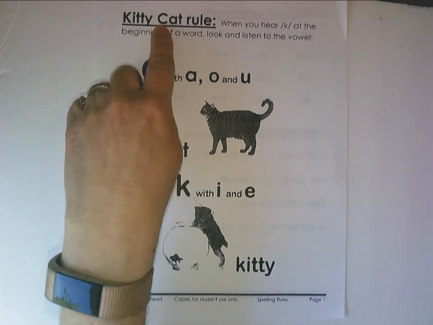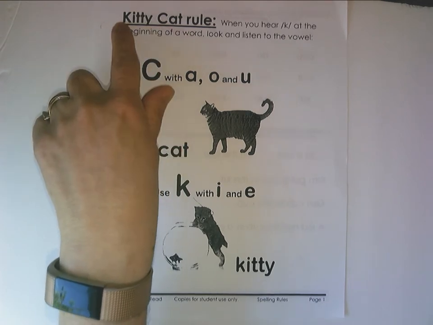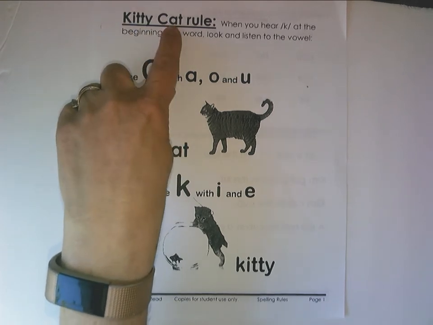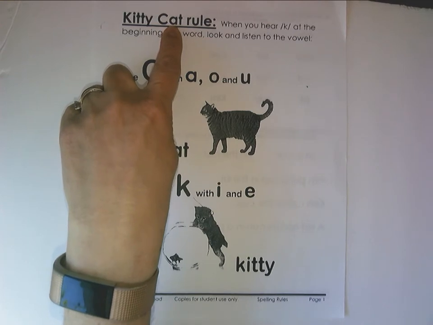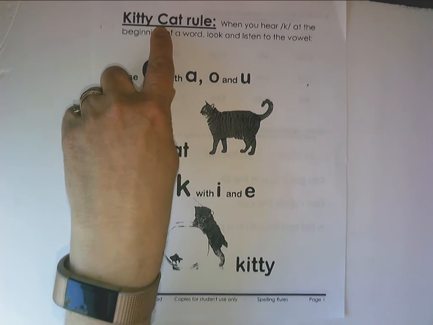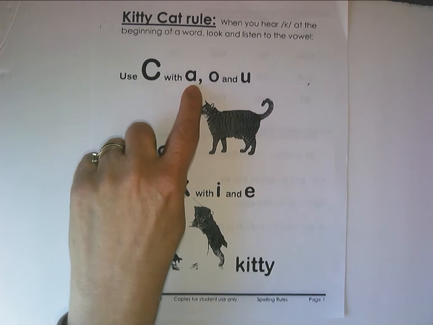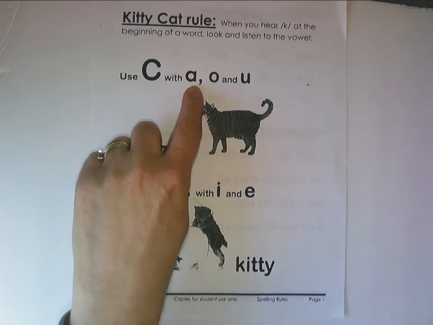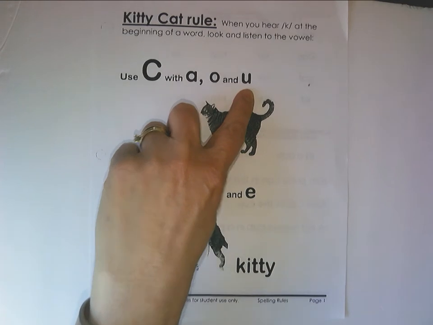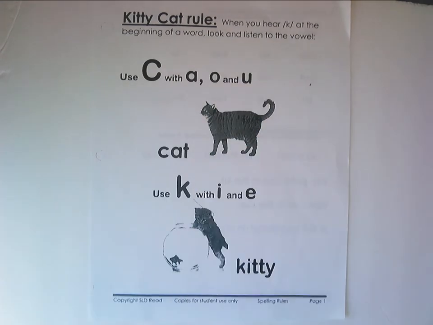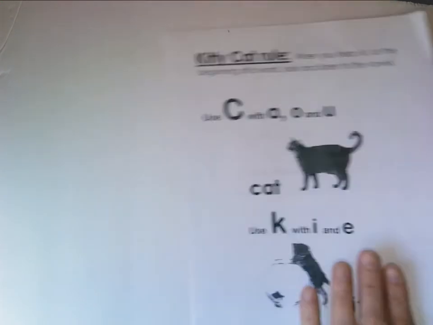No, it doesn't have an I or an E, so you don't use a K. This time it has an A after the k sound, so you're going to use the letter C. All right, because you use C if the vowel sound after the k sound is A, O, or U. Now that sounds like a lot of information to keep straight, but you'll get used to it after we practice it for a while.